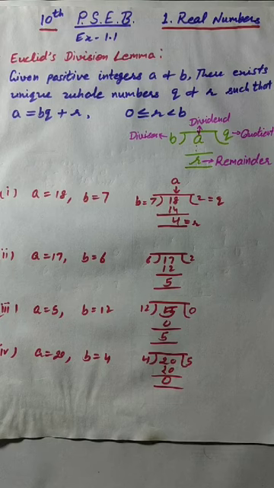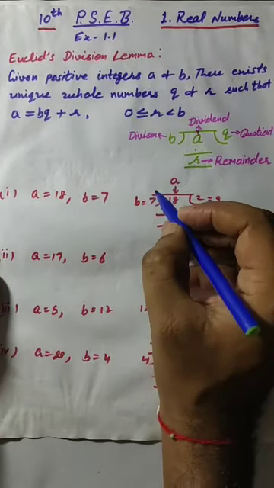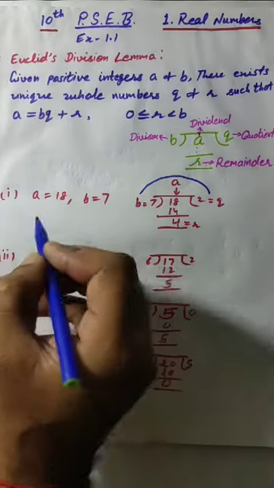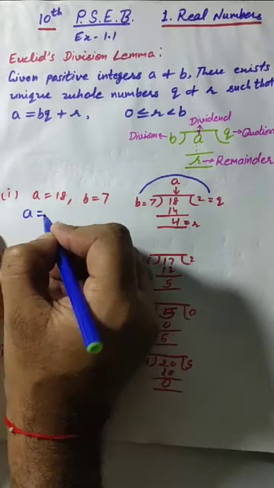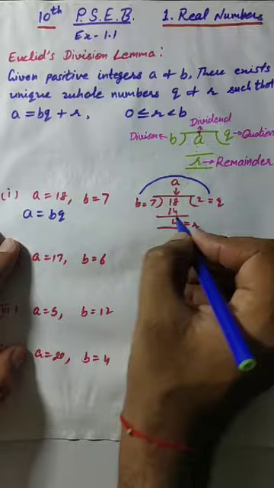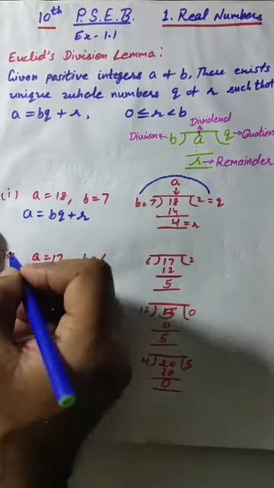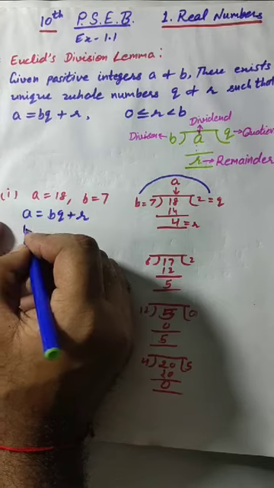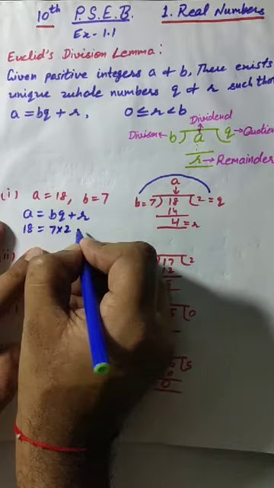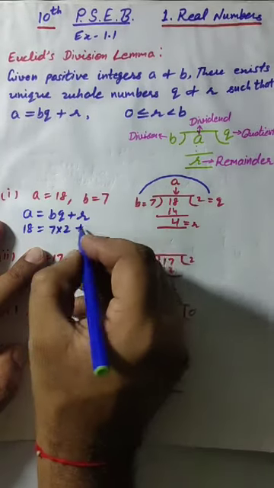So in these 4 examples, let us write this in the form, because we have divided a by b, so we can write it as a equals b multiplied by q plus r, as 18 equals 7 multiplied by 2 plus r, which is 4 here.